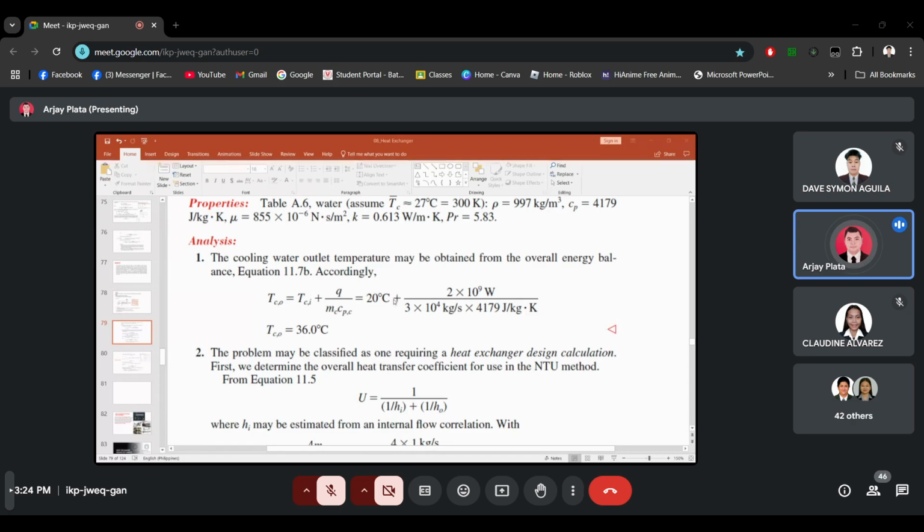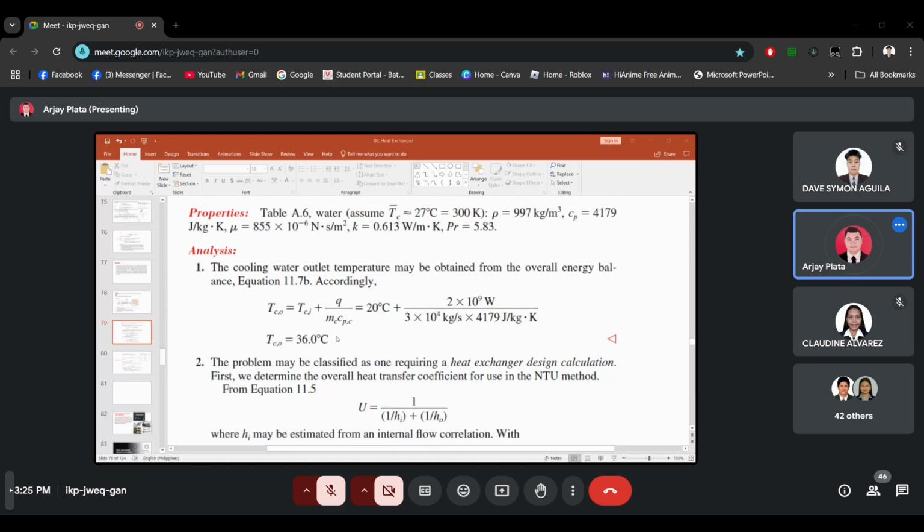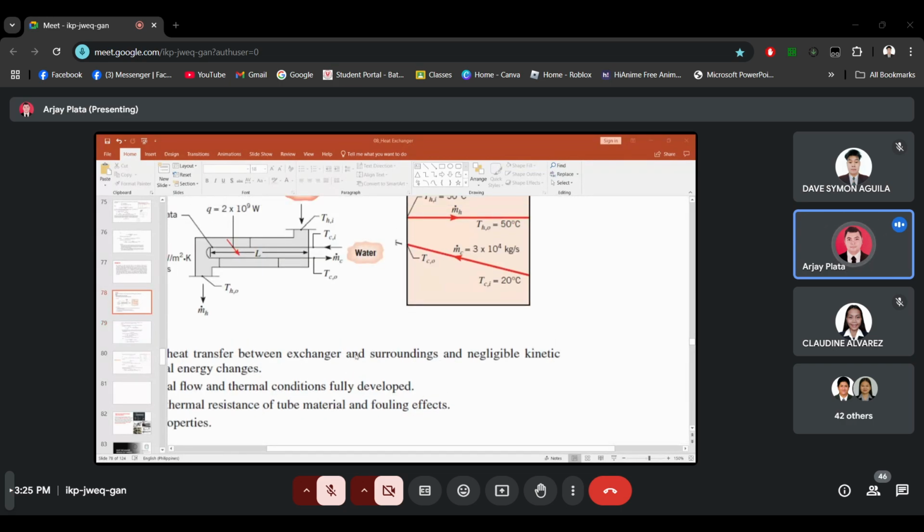Okay, so 20 degrees plus Q, which is 2 times 10 to the 9, over m, which is 3 times 10 to the 4, multiplied by the specific heat from the table of properties. You will come up with the value 36 degrees Celsius. So we can now put 36 here.